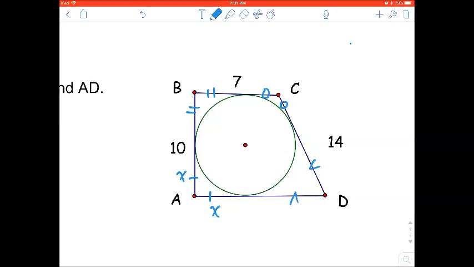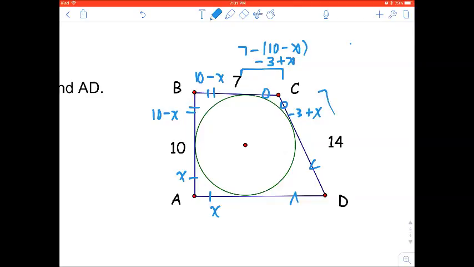And so walking around, if I had that the part coming off from A is x, then that will extend on the side that has 10, which means that the part that has 2 tick marks is going to be 10 minus x. And then this part of the circle from C, the tangent from C, is going to be 7 minus whatever 10 minus x is. So that's going to be negative 3 plus x.